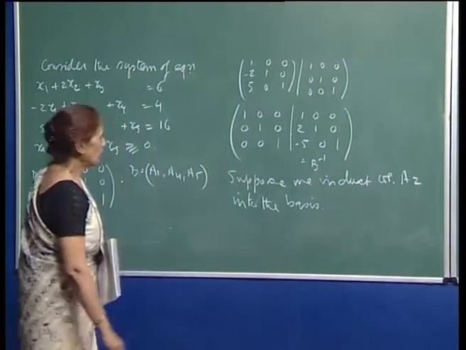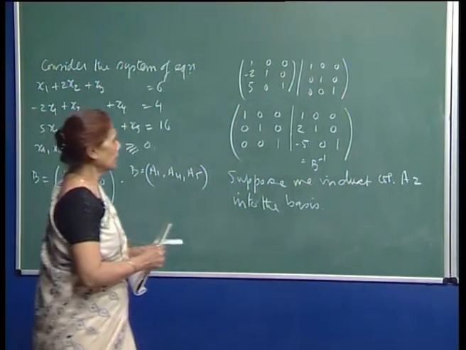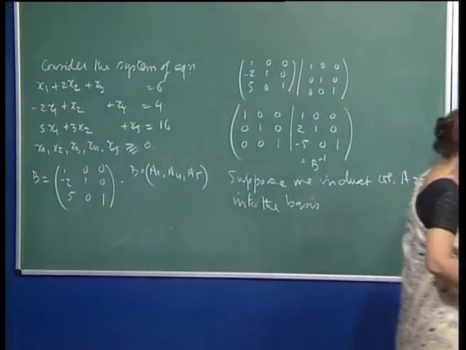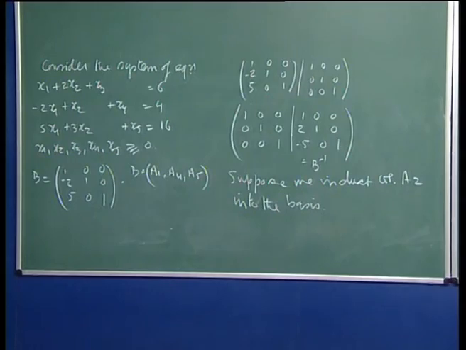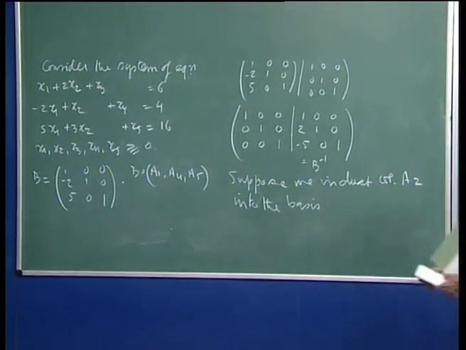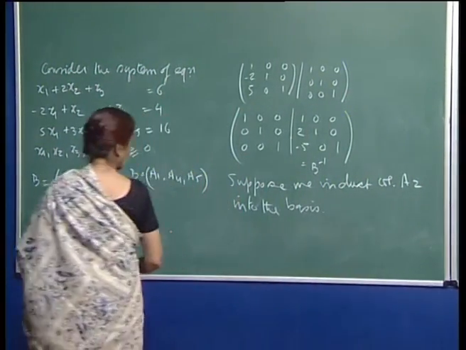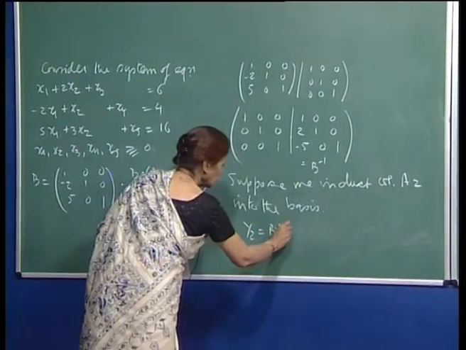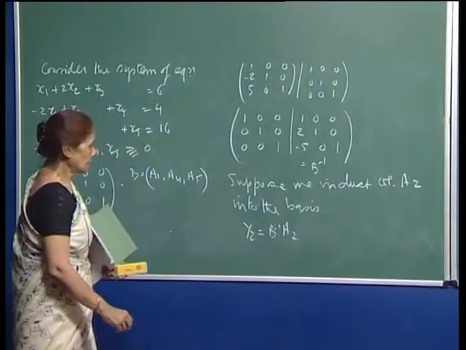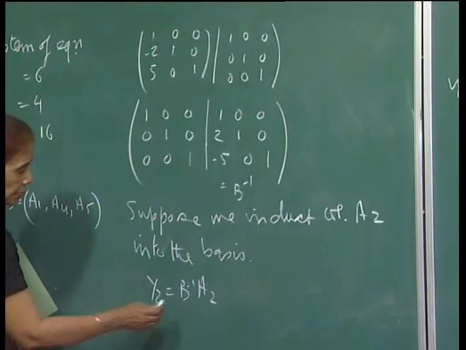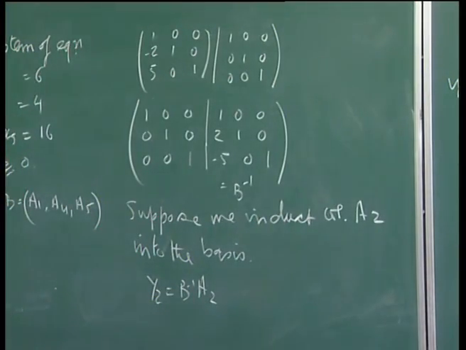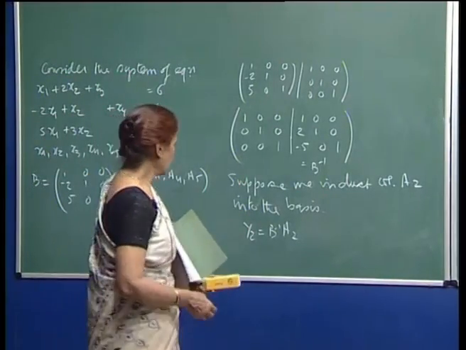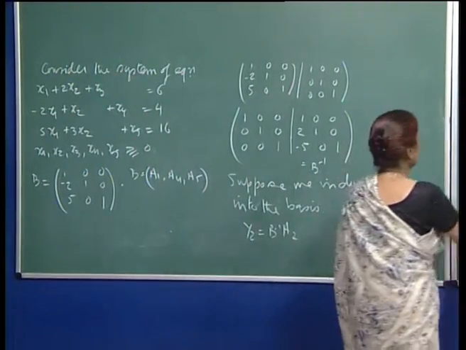The idea is that if I already have this quantity with me, then the scalars that I need, y2, is B inverse A2. These are the scalars that I need for expressing the column A2 as a linear combination of the basic columns.